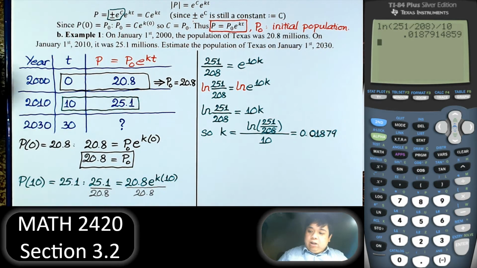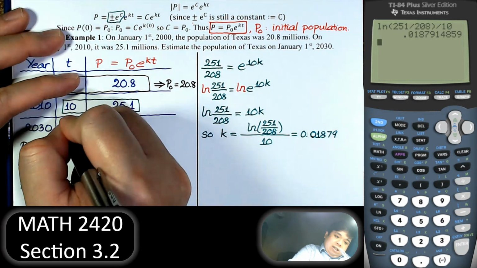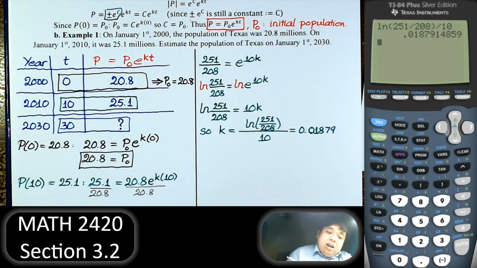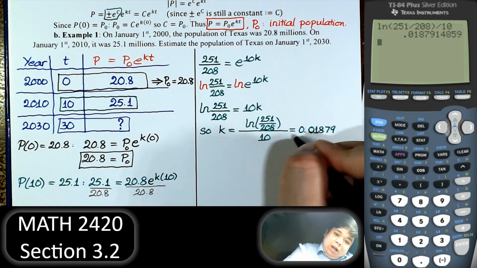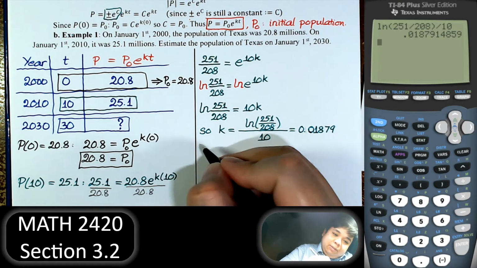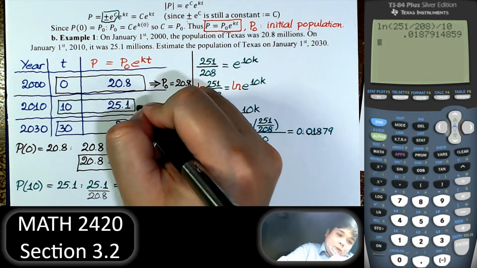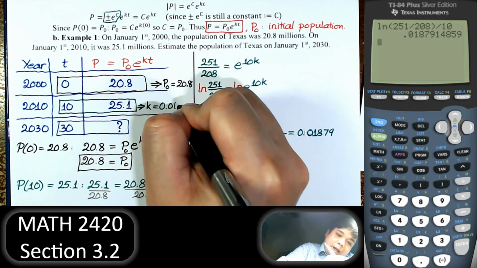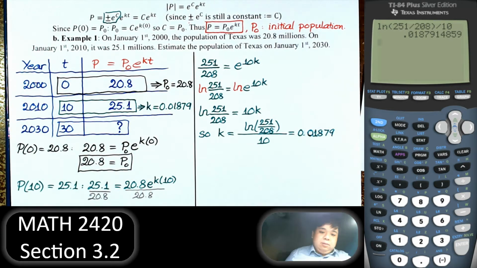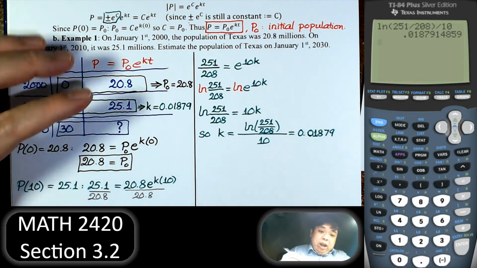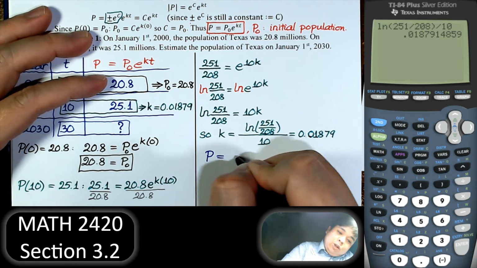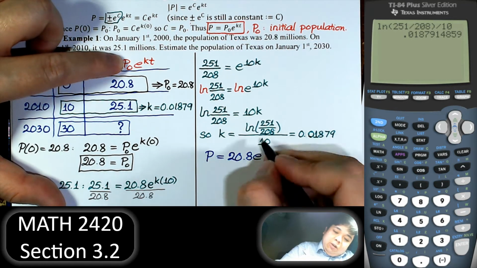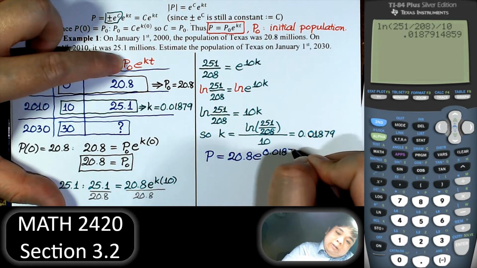And then finally we go back to our problem. What is the population in 2030? So now since we have the rate of 0.01879, we have the equation P equal to the initial population, 20.8, e to the rate 0.01879 times t.